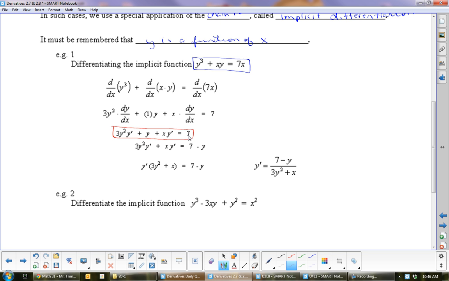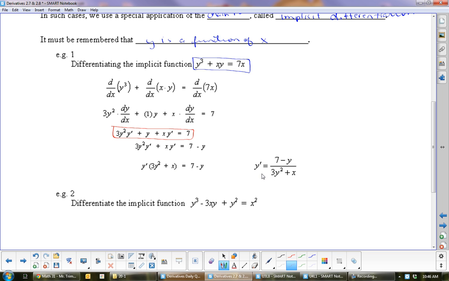Then what you want to do is isolate the y primes, or the derivative dy over dx. So I subtracted y out, you can see there. Then we factor y prime out, leaving us with this, and then we divide this out.